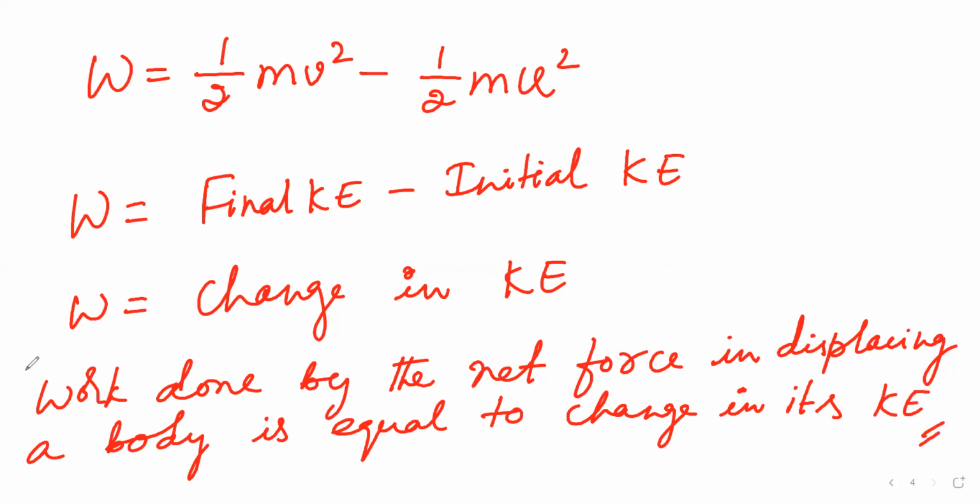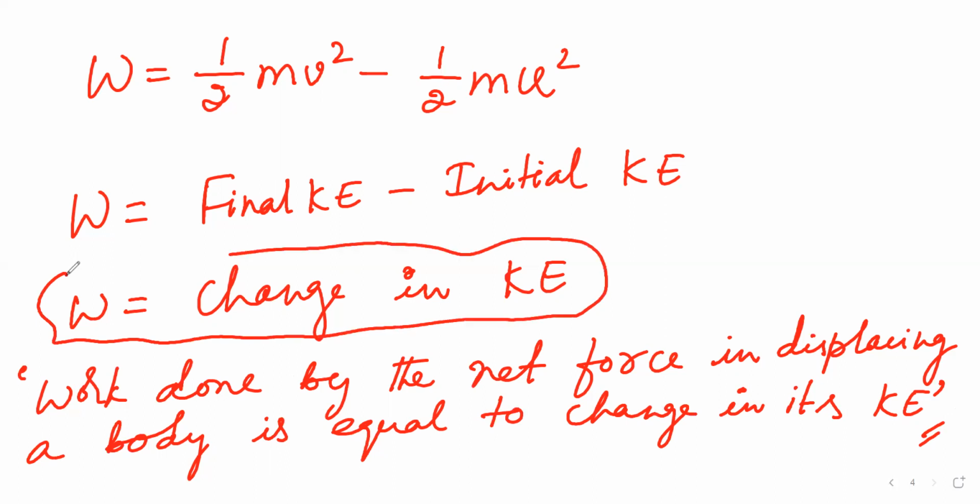This is the statement of the work energy theorem. Again, I'm saying that work done by the total force in displacing a body is equal to the change in its kinetic energy. So the same thing I have put into the statement here. Hope this is clear now. So the work energy theorem is said to be change in kinetic energy.